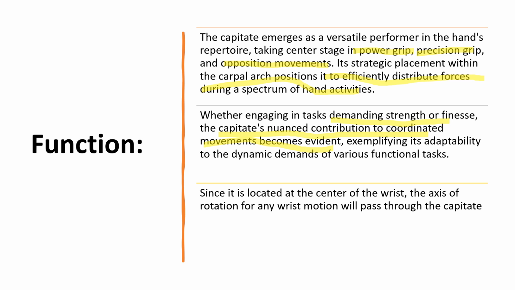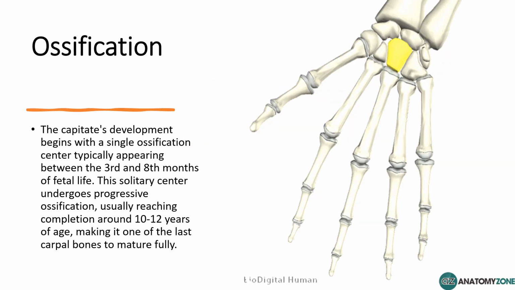Since it is located at the center of the wrist, the axis of rotation for any wrist motion passes through the capitate.